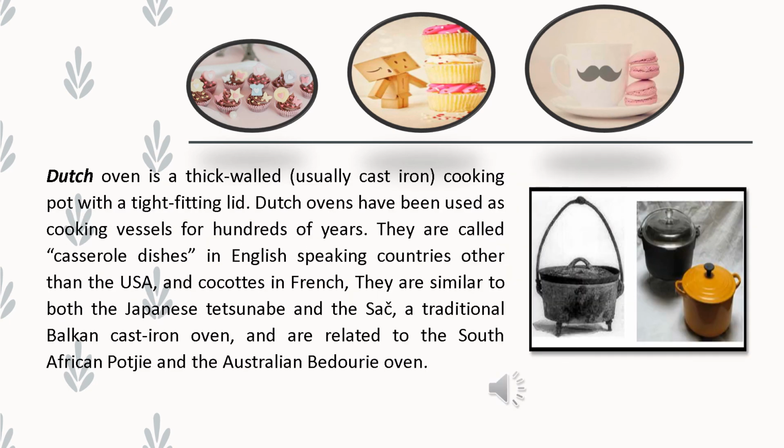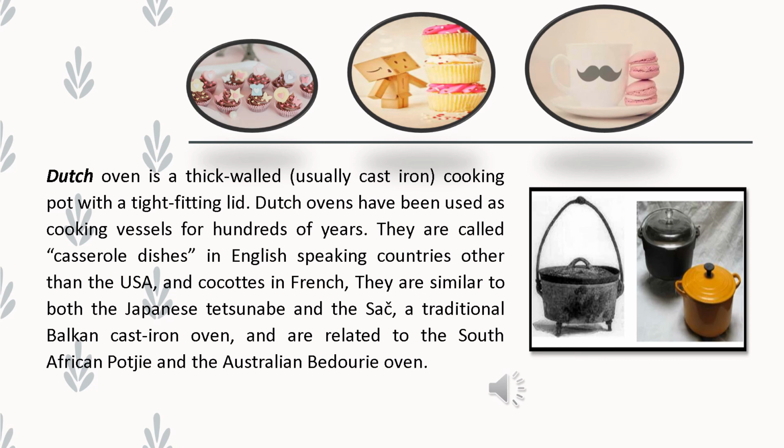Last type of oven is the Dutch oven. It is a thick-walled cooking pot with a tight-fitting lid. Dutch ovens have been used as cooking vessels for hundreds of years.